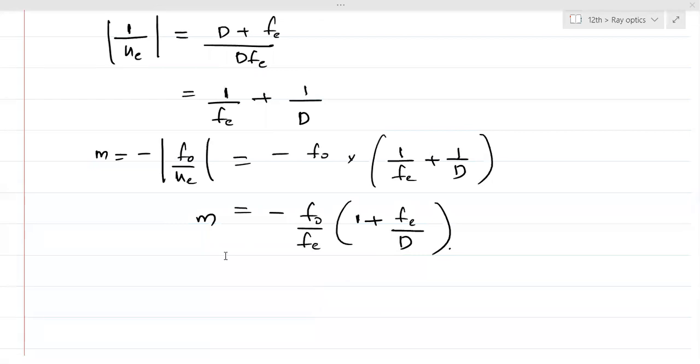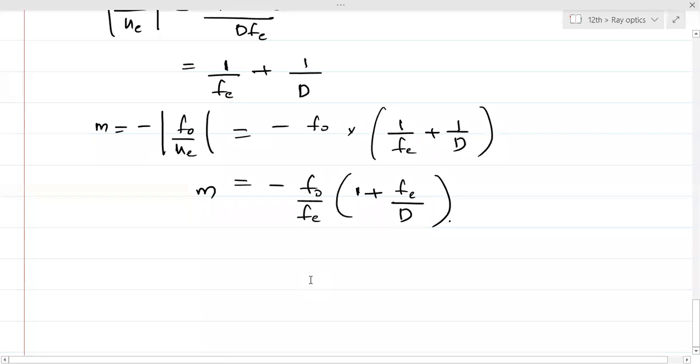Okay then, just a minute. Then there's an interesting question here: how to make the image formed erect, as we need to see it erect. In that case we'll make use of 3 lenses.